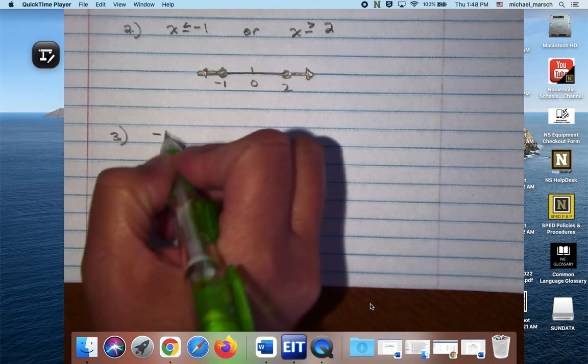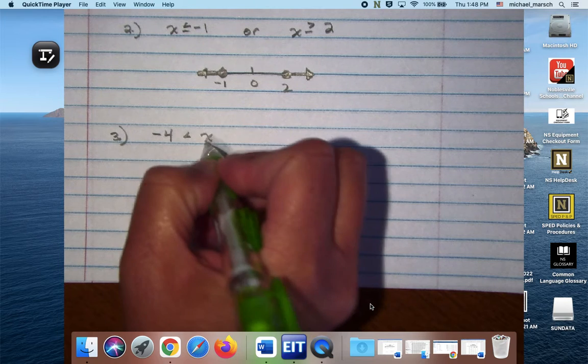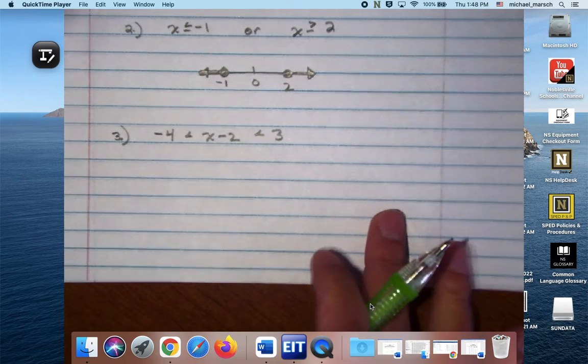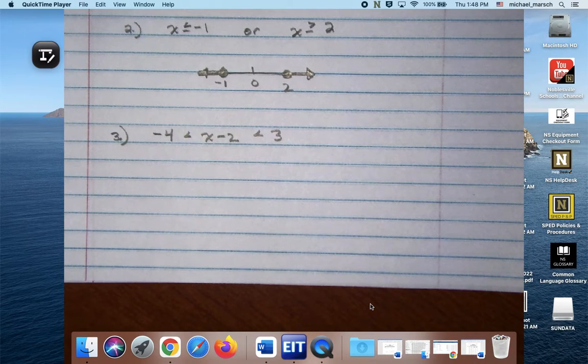Here we go. -4 is less than x minus 2, which is less than 3. What? Why is that so weird? What am I going to do here? This is so confusing. How will I survive? Lucky for you guys, we color code.